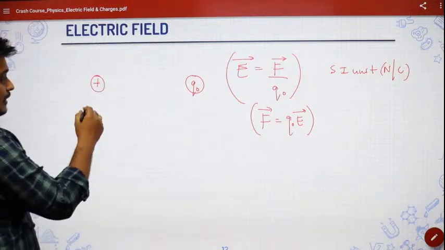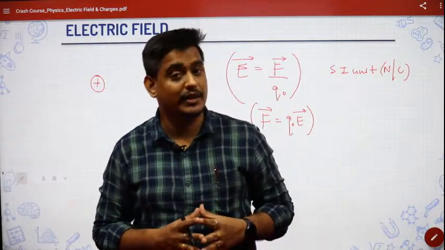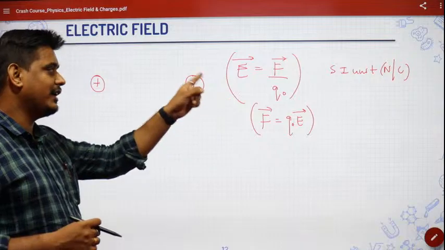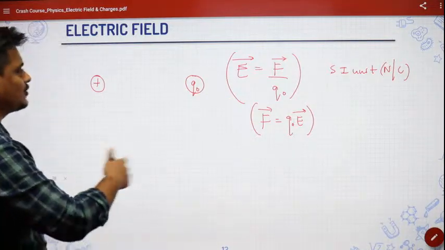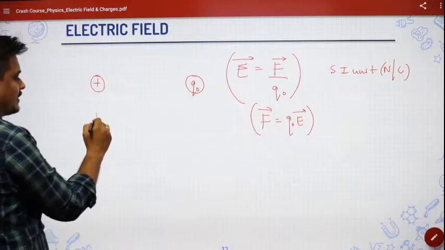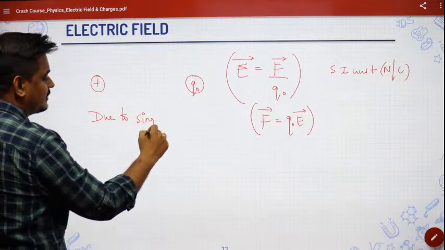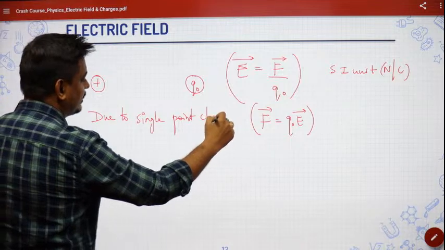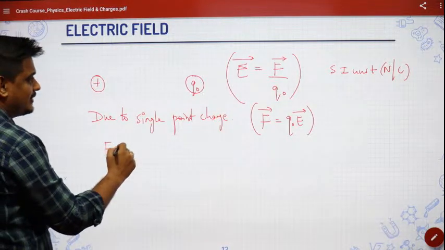And if you ask me, sir, what if I have many charges, what will be the electric field? Electric field due to one charge is F by Q. If you have multiple charges, then it will also increase. But before that, I will tell you the electric field due to a single point charge. We can find it very easily, because E is equal to F by q naught.